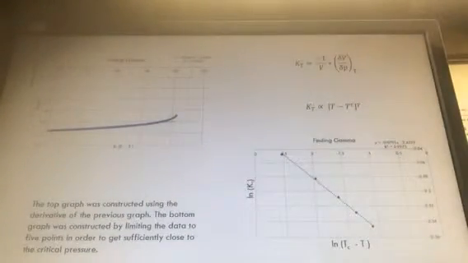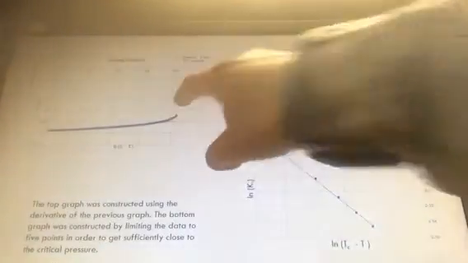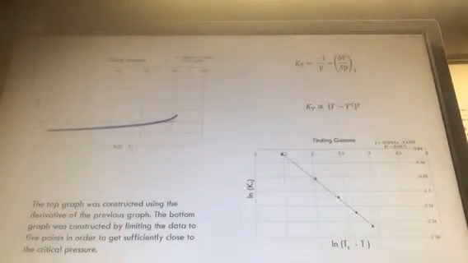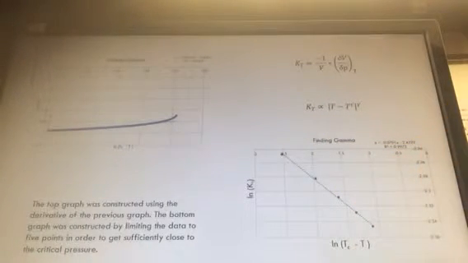And I try to see the linear relationship, because there should be a linear relationship when finding gamma. So because I had the curve at the end, I decided that I needed to get sufficiently close to critical pressure. So I took 5 points at the very end of this curve, and I expanded them. And as you can see in this bottom right-hand corner, it becomes much more linear with a 0.9975 r-squared value.